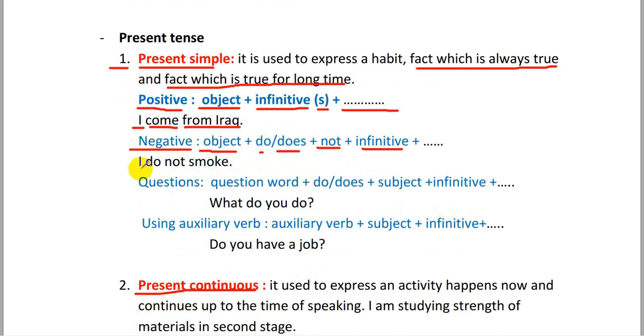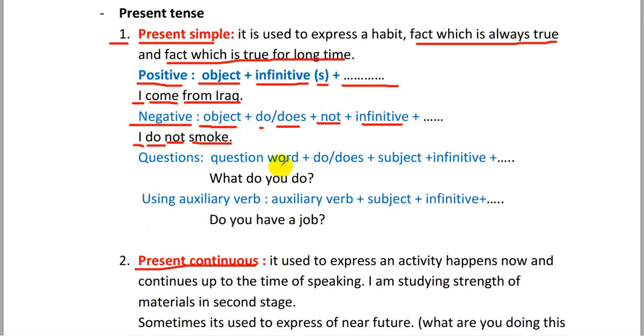For example, I don't do not smoke. Object, auxiliary verb do because I usually takes do, not أداة النفي, smoke infinitive verb. So this is the negative.